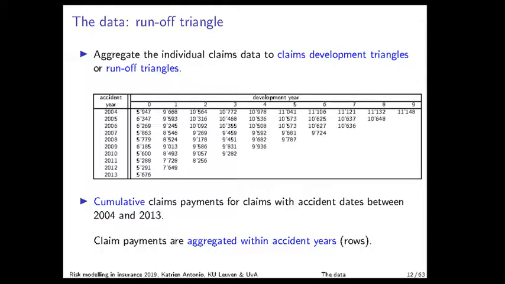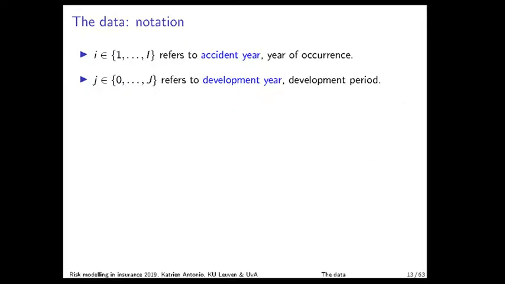Now, to formalize both displays, let us introduce some notation. In our notation, I will refer to the accident year. That is the year in which the insured event happened. The first accident year considered in the portfolio is denoted with 1, and the last accident year that we consider is denoted with capital I. J refers to the development year, or the development period, where development year 0 is the accident year itself.